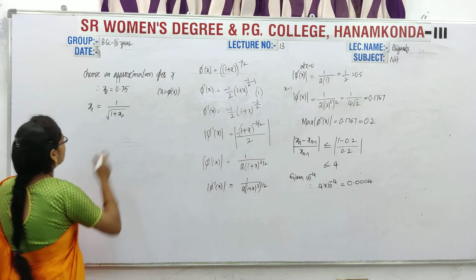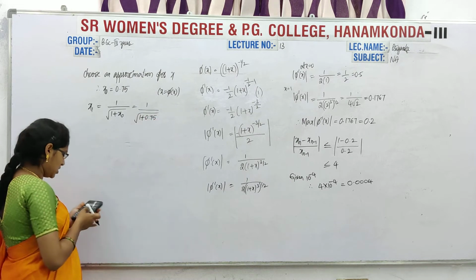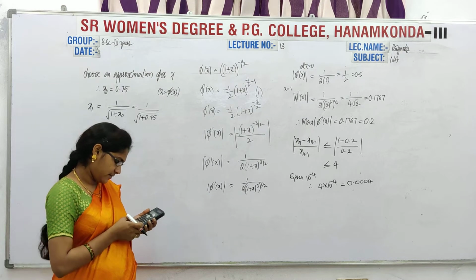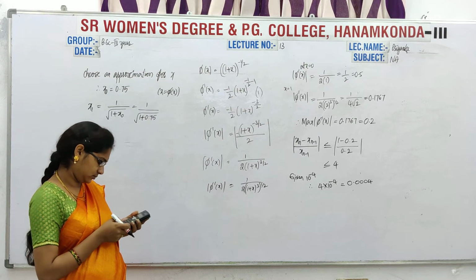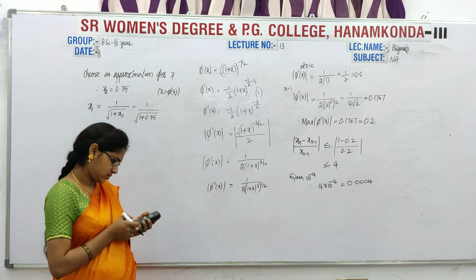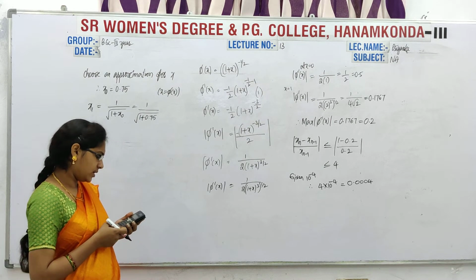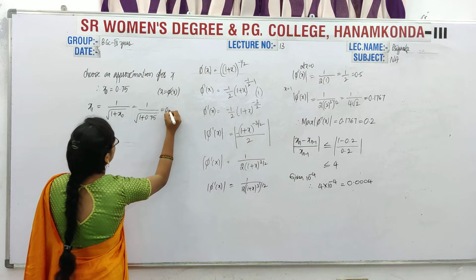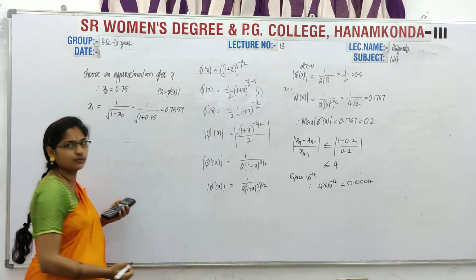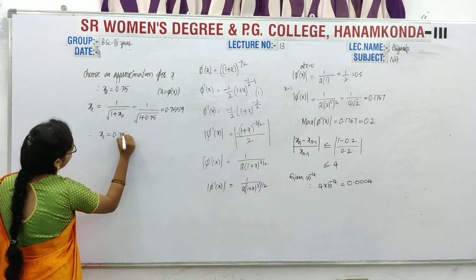Then what I get is 1 by under root of 1 plus 0.75, which is 1 by under root of 1.75. The answer is 0.75592. I am taking up to 4 decimals. Therefore x1 equals 0.7559.